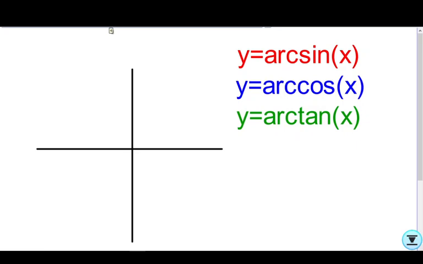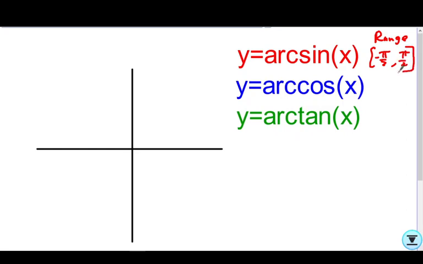So for instance, arc sine and arc cosine, you can input any value from -1 to +1. But both of those functions give us different outputs. Yesterday we found that the range for arc sine is from -pi/2 to pi/2.